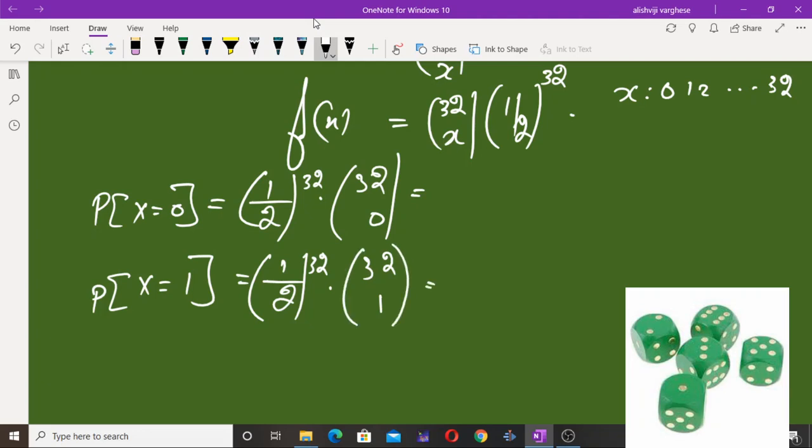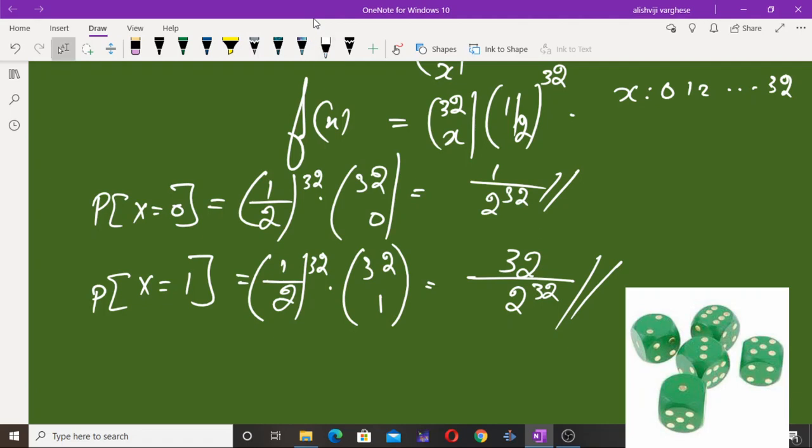So these are the two required probabilities, and you can just rewrite the first as 1 by 2 raised to 32 and find the value using your calculators. And the second one is 32 divided by 2 raised to 32. So this is how we calculate the probabilities.